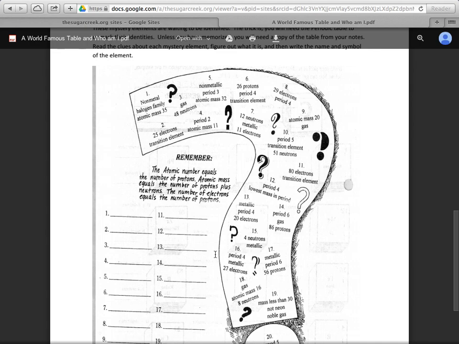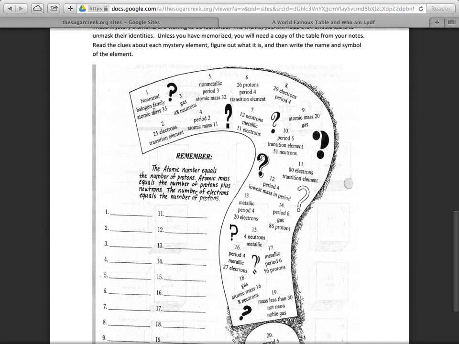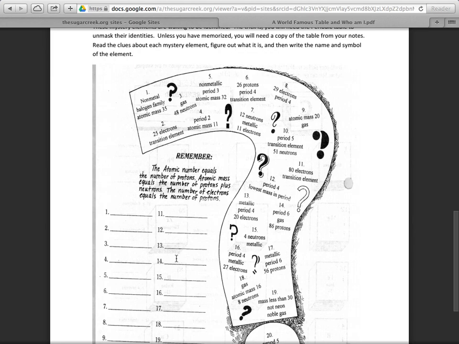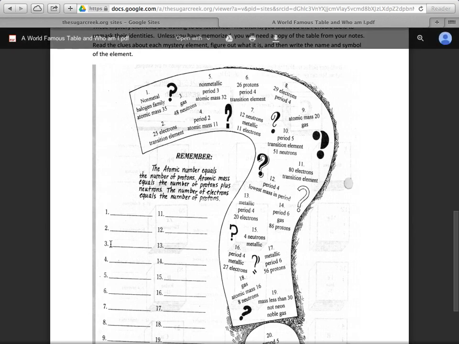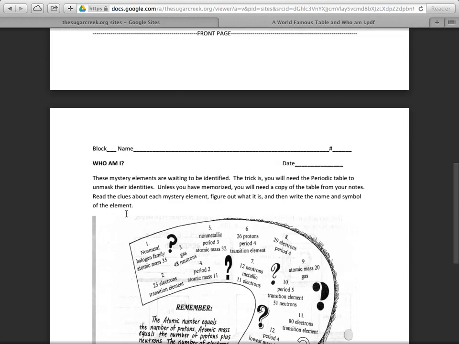You need to read it to help you remember. Let's look at number 1, which is the clue right here. Someone read that clue for me. Go ahead, Ray. Halogen. Halogen family, atomic mass 35. So what would this be? What is it? Atomic mass. Chlorine. Very good. Flip your papers back over to the front for just 1 second.